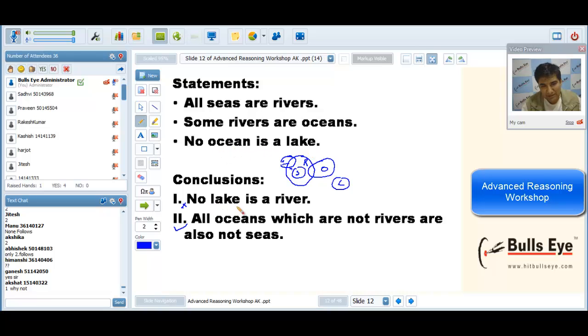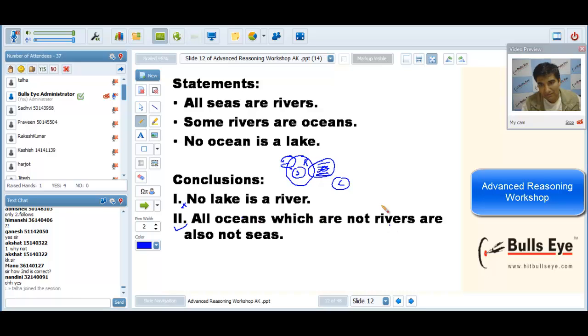So that is why conclusion 1 does not follow. Now second, all oceans which are not rivers, that is this area, are also not seas, which is obvious because seas are part of rivers, and if oceans are not rivers, they cannot be part of the seas.